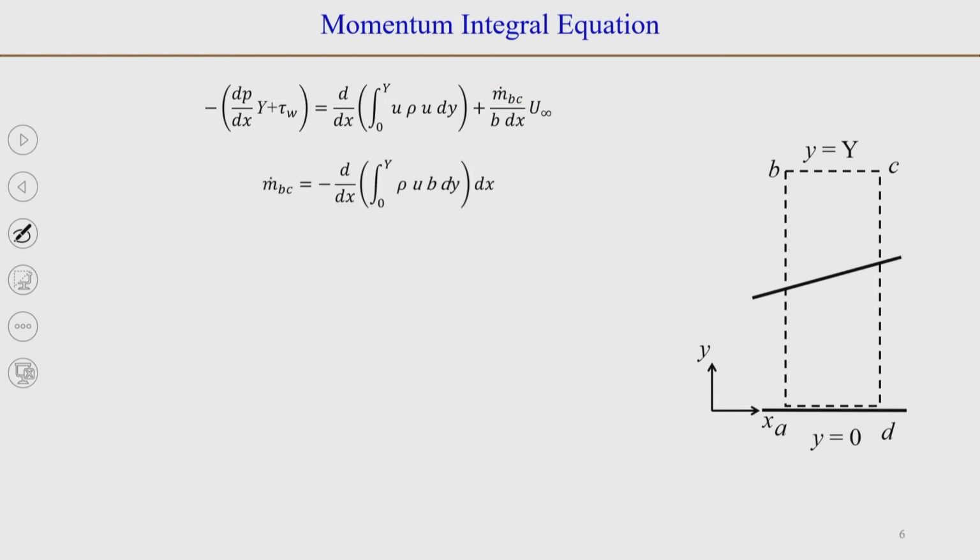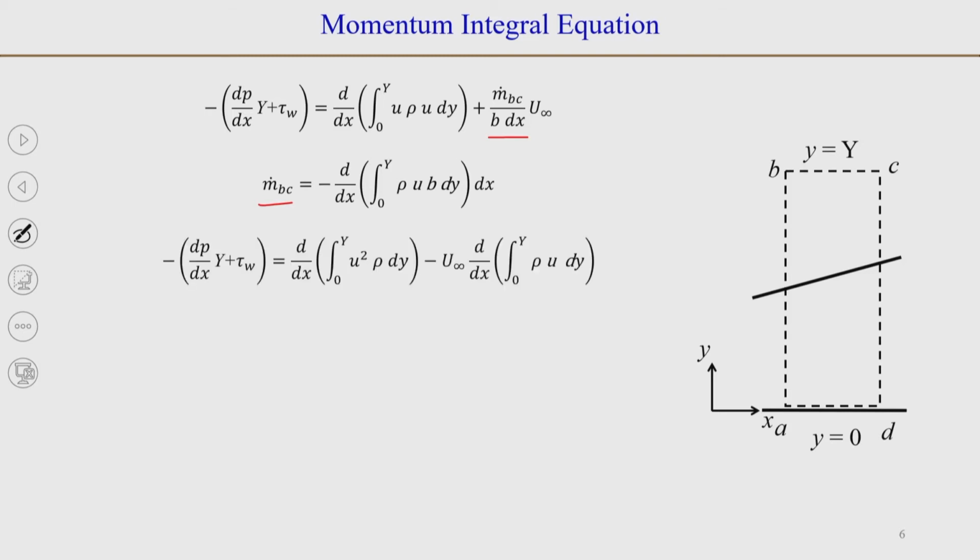So, we have this equation which is a momentum balance equation, and in this we can substitute the value of m dot BC that we have just found. When we substitute it, we get the following equation. Here we have written u into u, so this has become u squared.